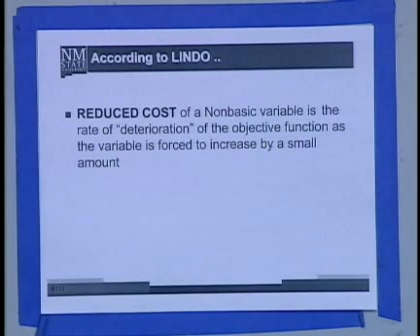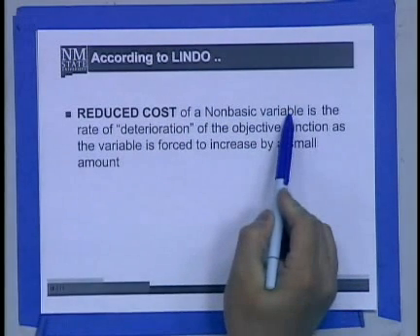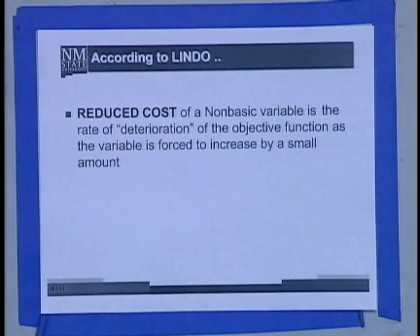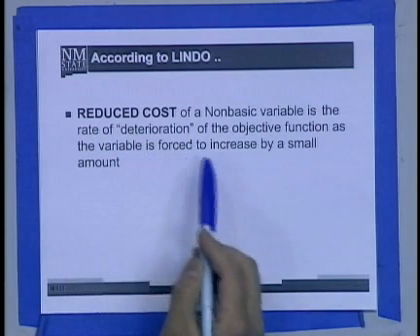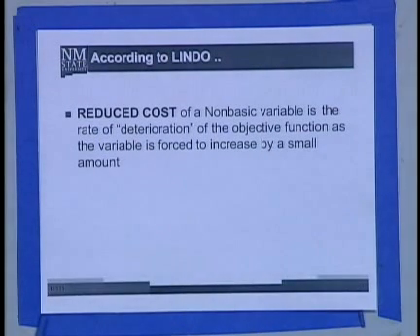The reduced cost of a non-basic variable is the rate of deterioration of the objective function as the variable is forced to increase by a small amount. Okay?